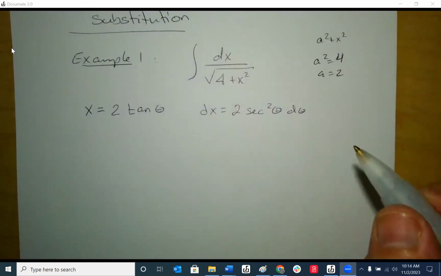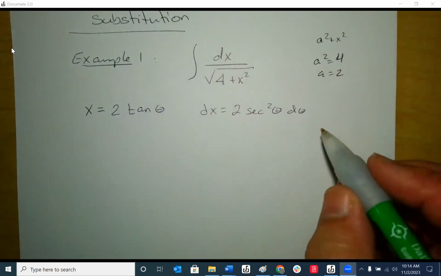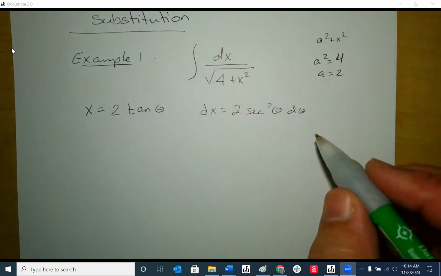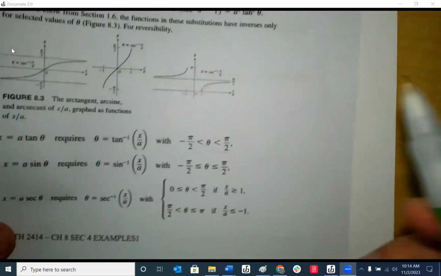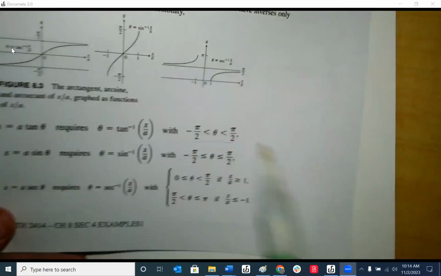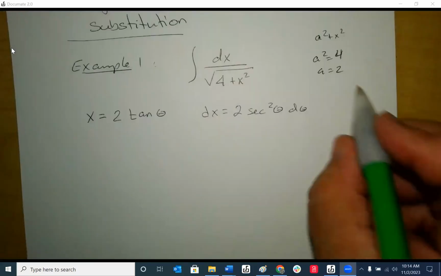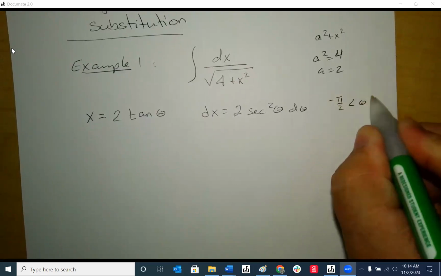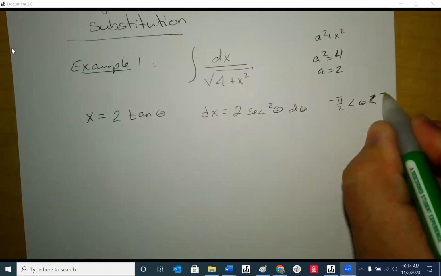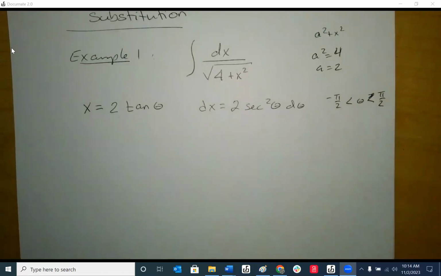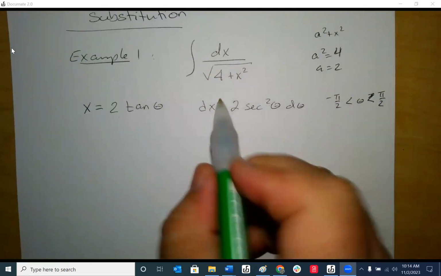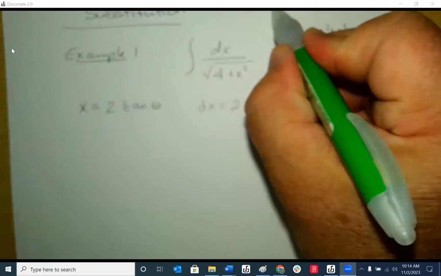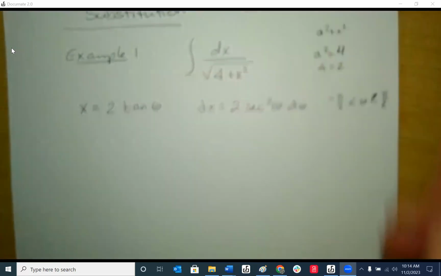And from our tangent, our domain is going to be from negative pi over 2 to pi over 2. So we're just setting everything up right now because this thing has to be a squared plus x squared.